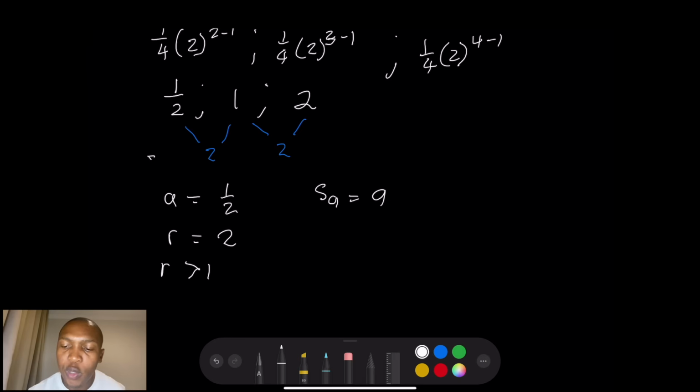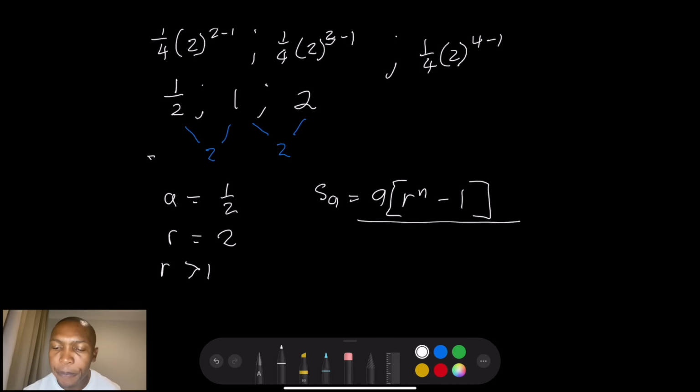Okay, so we're going to say this is A bracket, R to the power N minus 1, divided by R minus 1. Of course, this is for when R is greater than 1. It would be expressed differently otherwise. And I'm not sure why I wrote A there instead of N. Okay, so that's Sn. So we know we're dealing with S9, right?